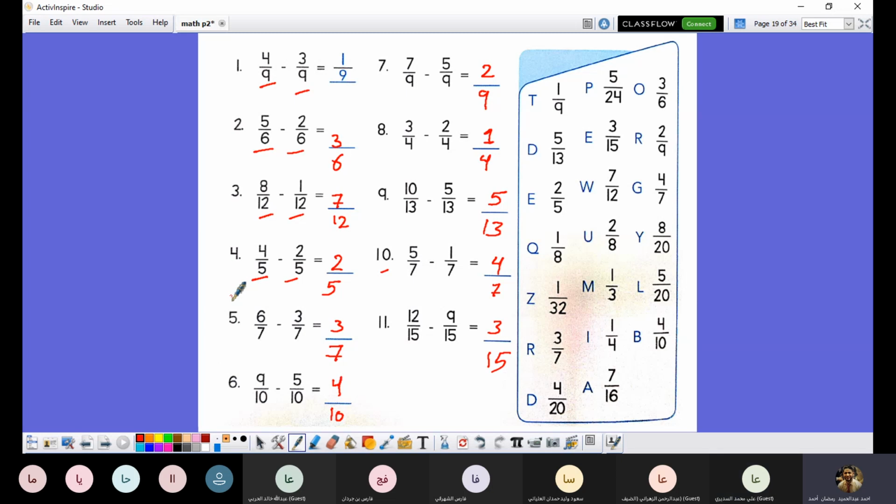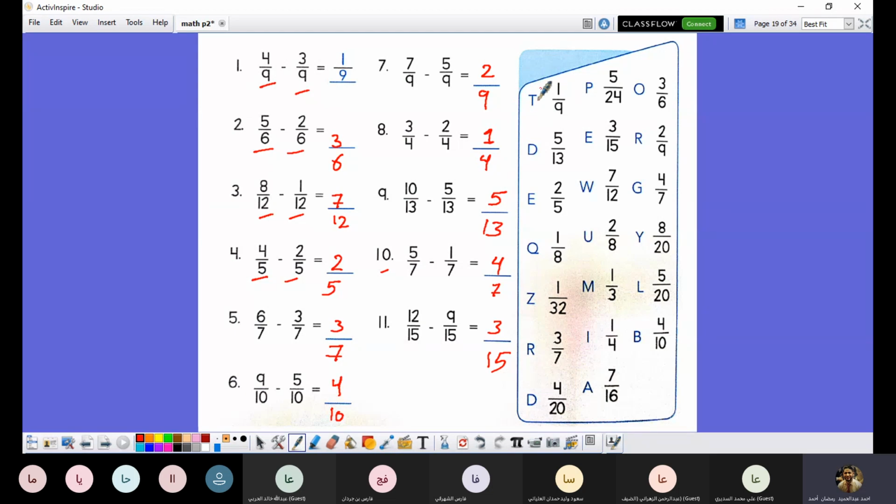Okay. From the title here, it says to solve the fractions to find the name of a famous symbol of London. We have a table here.